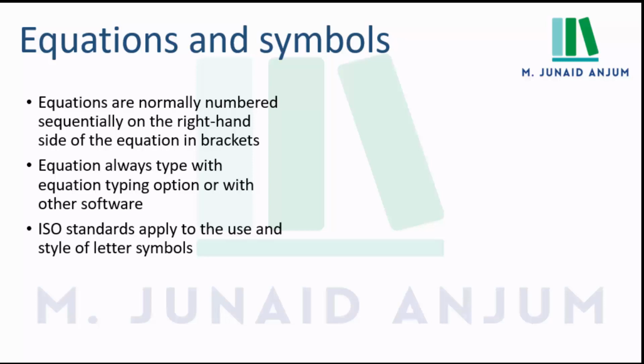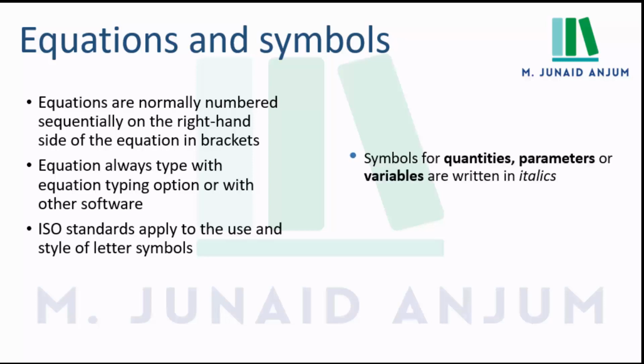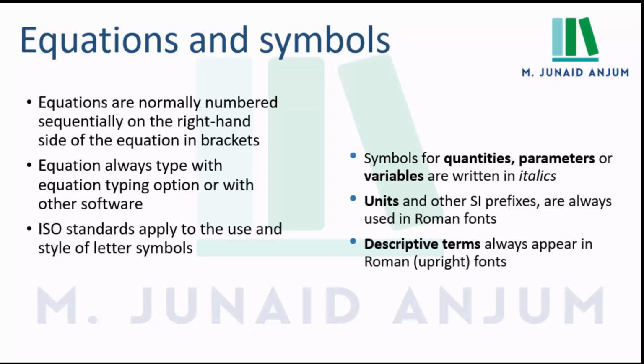You need to see what their requirements are, whether they follow American standards or international standards. For example, symbols for quantities, parameters or variables are written in italic, units and SI prefixes are always used in Roman fonts, and descriptive terms always appear in Roman upright font.